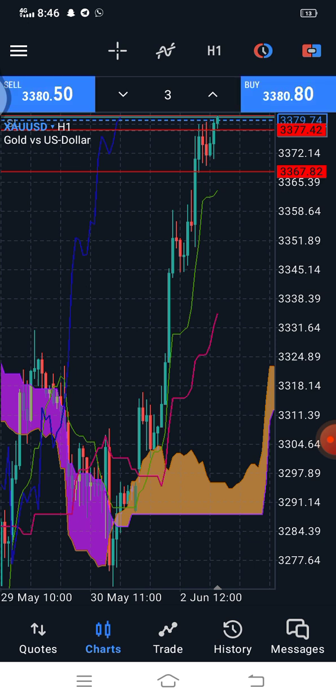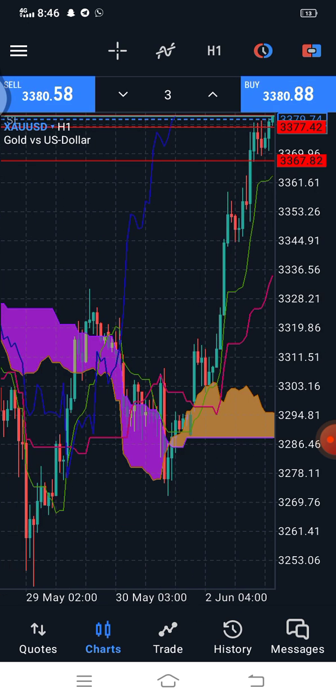Then the third thing you have to look at is the lagging span. If you are buying, the lagging span should be above the cloud. Here the lagging span is above the cloud, and that market is purely bullish.